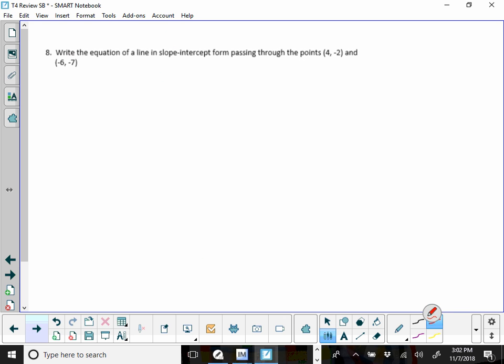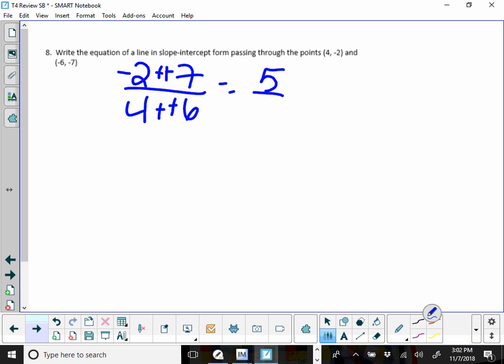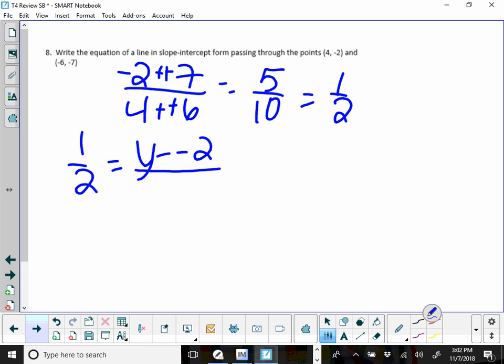All right, number 8. Same thing, slope-intercept form this time, though, so you're still going to find the slope: negative 2 minus negative 7, and 4 minus negative 6, which does reduce down to 1/2. So we're going to use the 1/2, and I'm going to use the point 4, negative 2. And right now, everybody's like, oh, you cross multiply, because we've done it so many times today.